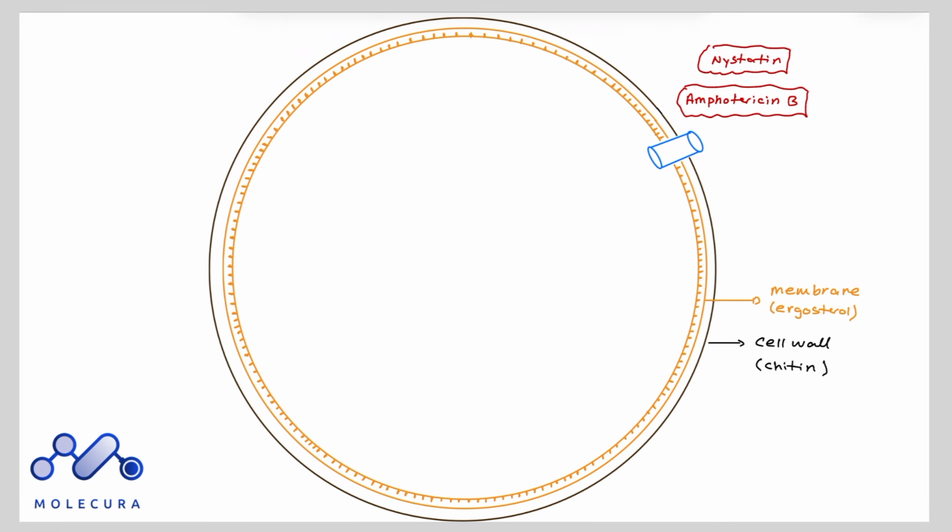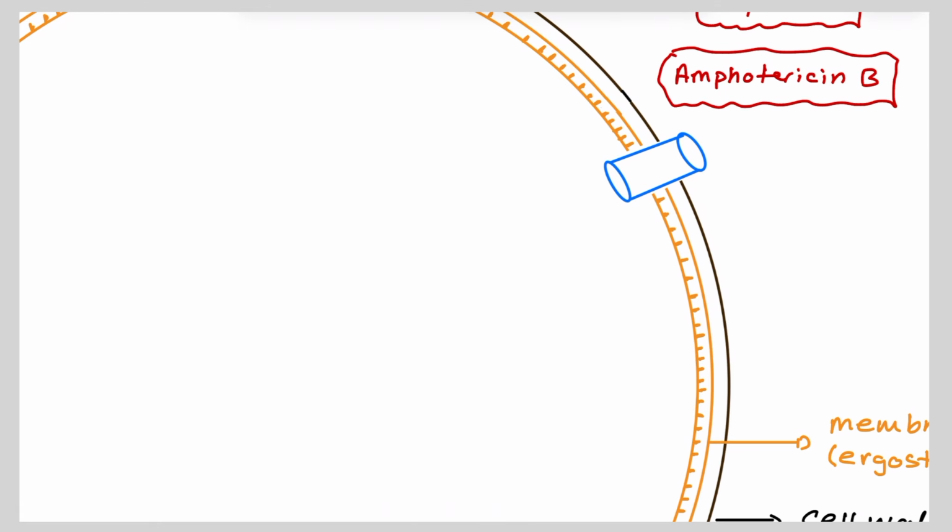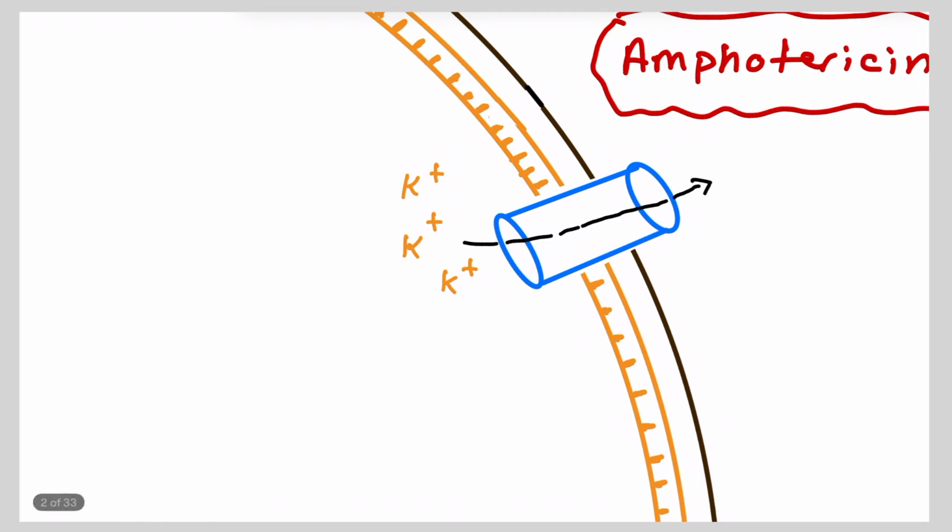These two medications can create this kind of pores in the cell membrane of the fungal cell by binding to ergosterol. What happens when this pore is created is that much of the potassium and the electrolytes inside the cell are going to leak out, and that is going to cause cell death.